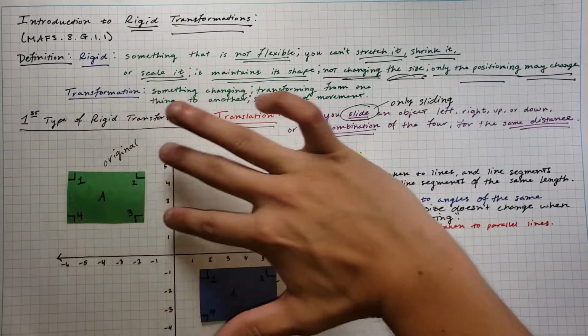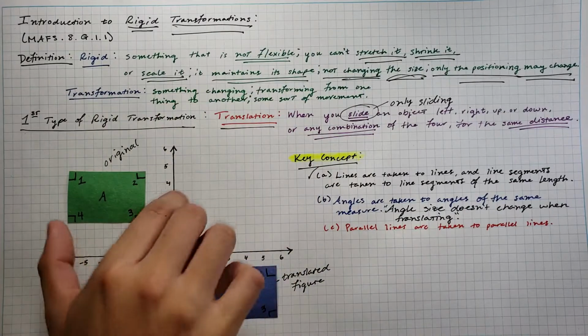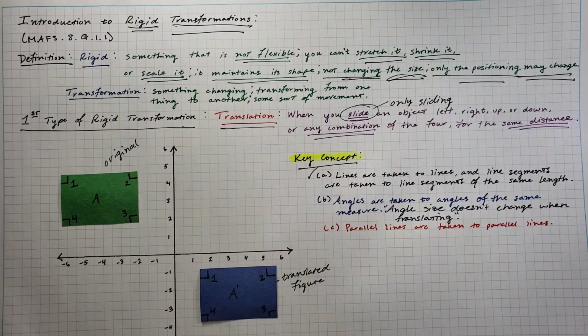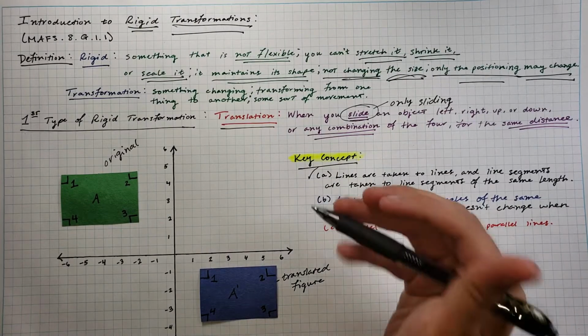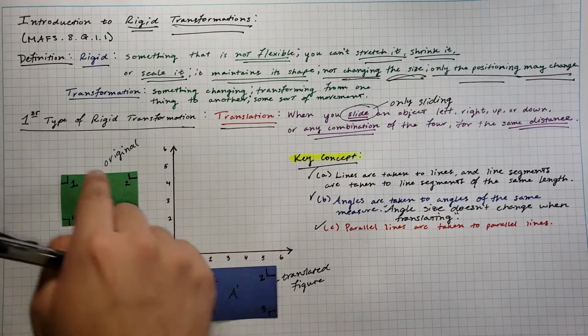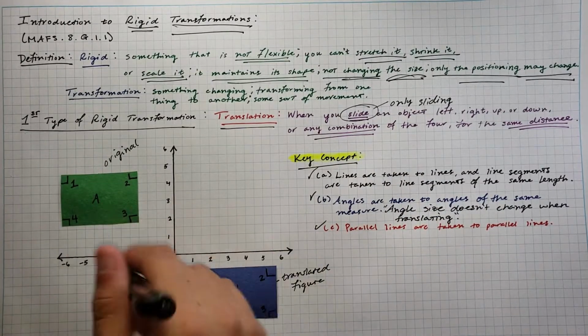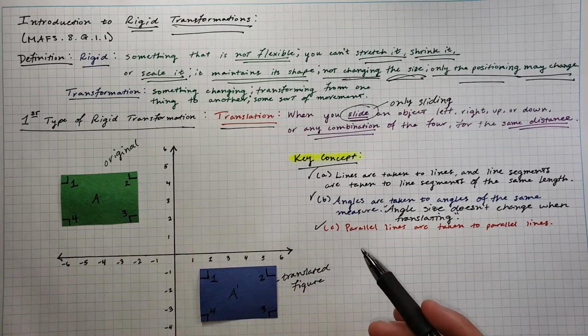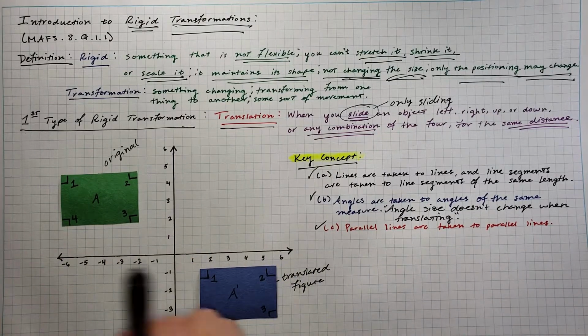These top two are parallel, and when we translated this figure to the right and down, we got another pair of parallel lines. That's all it means. It's very straightforward right now what we're doing. We're just realizing that lines are taken to lines, so line segments are taken to line segments. The length of the lines don't change. The measures of the angles don't change when you're translating. And parallel lines stay parallel lines when you're translating.